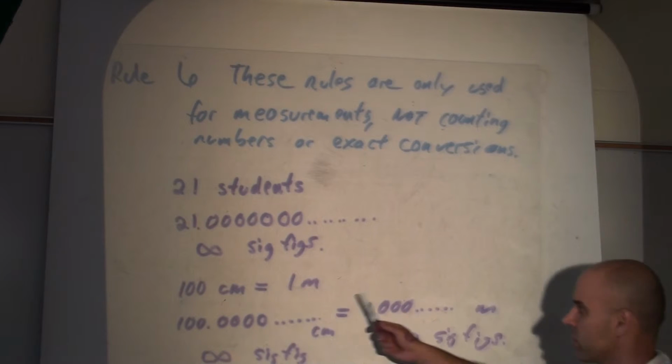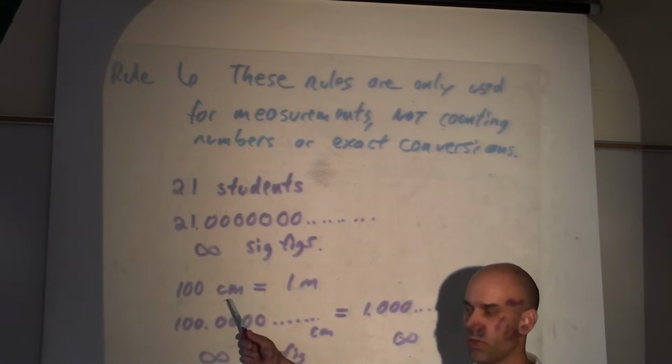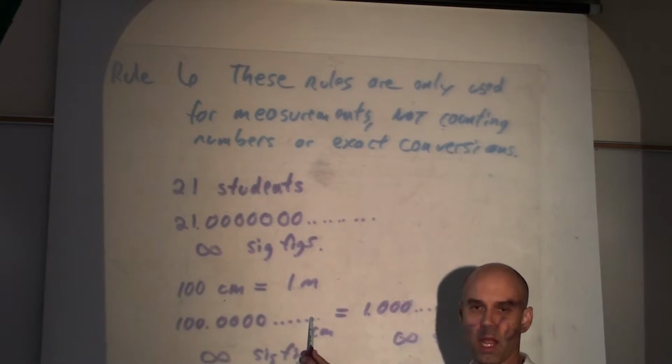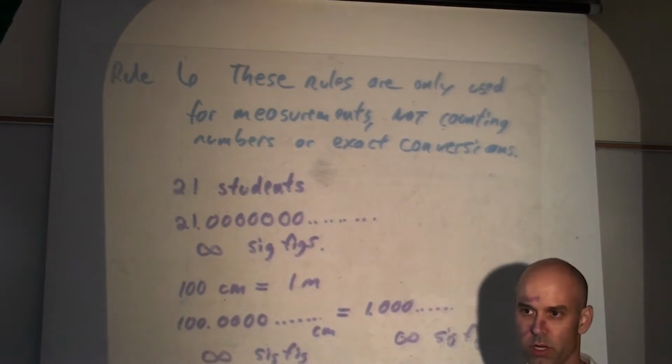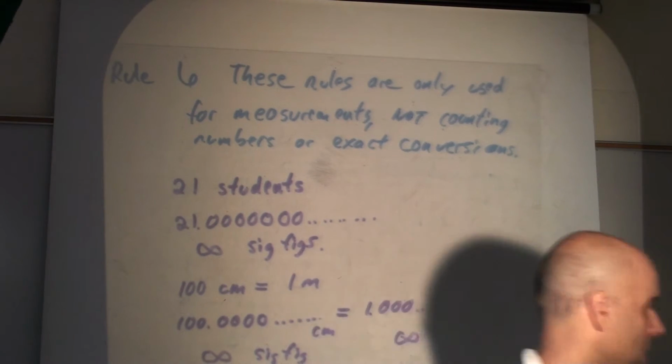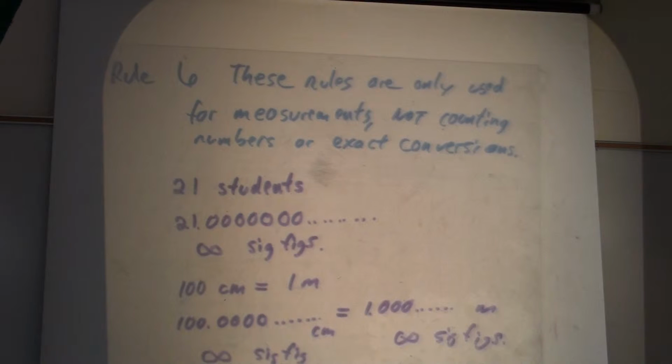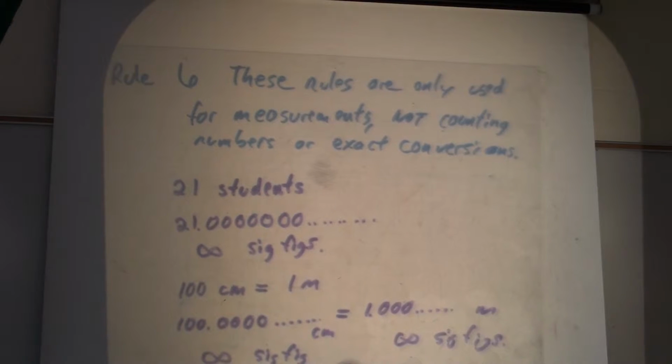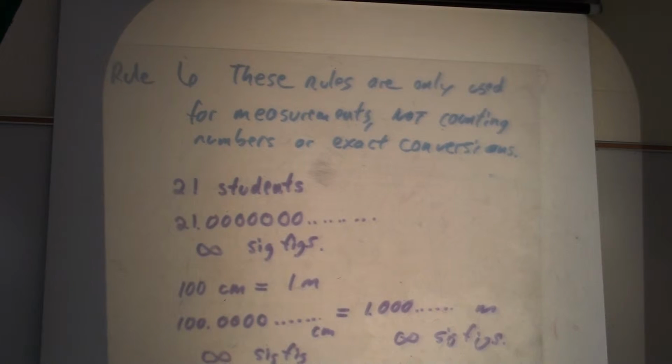Anytime you go from metric to metric, they each have infinite. Anytime you go from English to English, it has an infinite number. So 1 foot has 12 inches. Each of these has an infinite number of sig figs because it's exactly 1 and it's exactly 12.